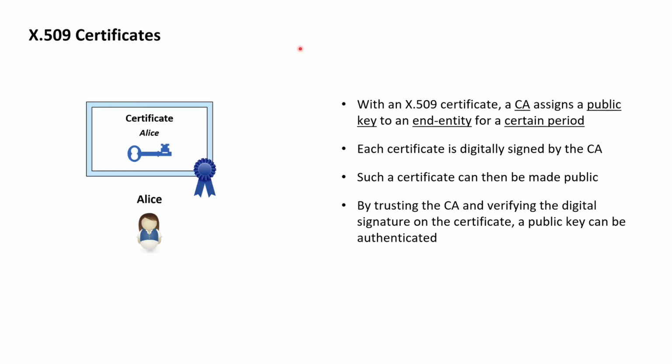With X509 certificates, a certificate authority (CA) of an X509 PKI assigns a cryptographic public key to an end entity. Moreover, these certificates are valid only for a specific period of time, and as such, the validity of the public key is also limited to a certain time frame.